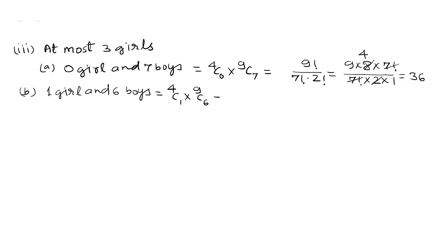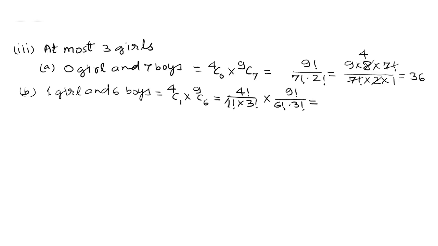So this is equal to 4C1, which can be written as factorial 4 upon factorial 1 into factorial 3, multiplied by 9C6, which can be written as factorial 9 upon 6 factorial into 3 factorial.